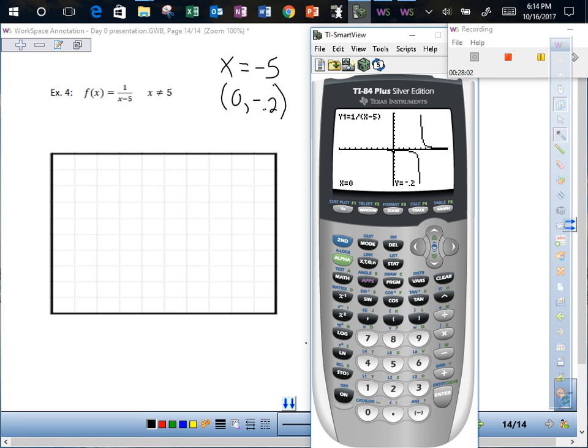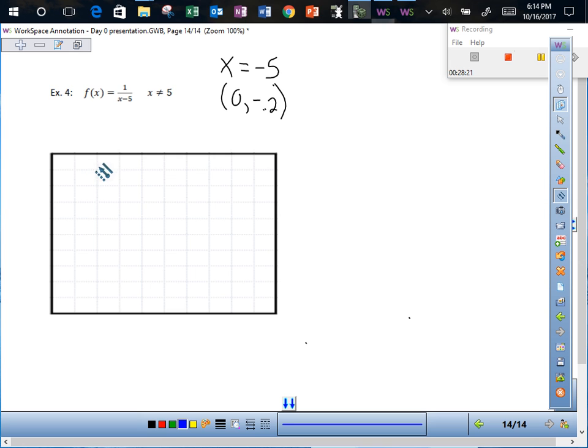So now when we draw this, notice guys, I don't need much over here. I don't need much over there, but my grid looks pretty good in the middle. So I might draw my y-axis way over here, and I may just run my x-axis right down the middle.